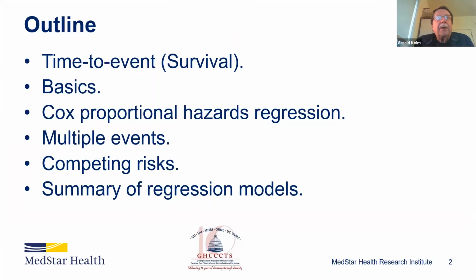And then I want to talk about the situation where we have multiple events, that is multiple events per patient. And then I want to also discuss a bit about competing risks and what that involves. And then I want to end up with a summary of the regression models we've talked about the last couple of months.